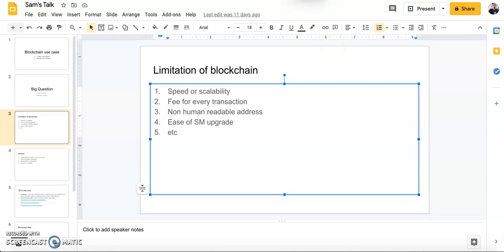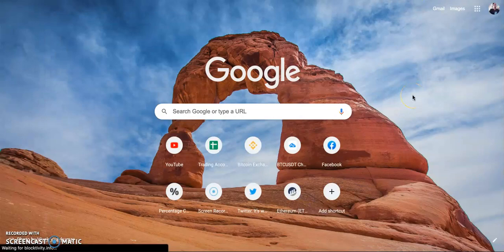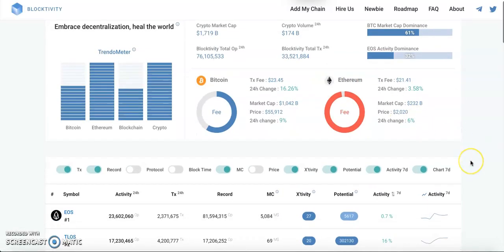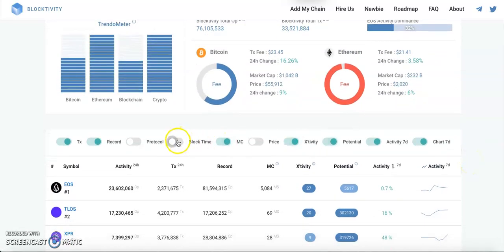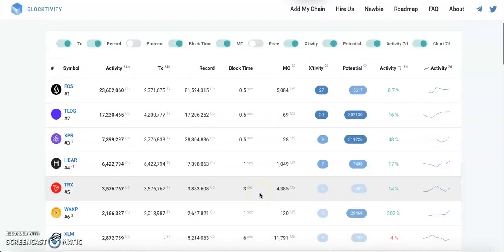But now let's go to a website called Blocktivity. If you've been following my YouTube videos, you should know about Blocktivity by now. Now it's opening. Let's open block time. Now there are currently 3 blockchains in the world.